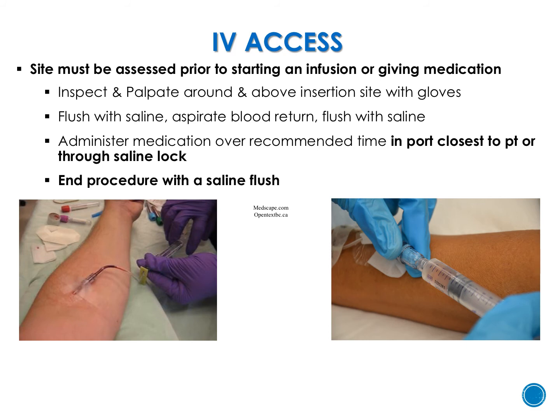You're asking the patient if they have any pain while you are palpating, because that's a sign that there's a complication going on. It could be infiltrated, it could be phlebitis. And remember, we're palpating with gloves on.